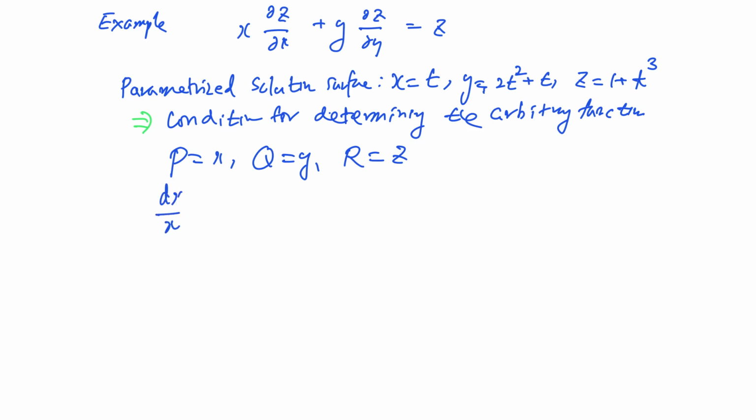So dx over x is dy over y, dz over z. So we can have first dx over x is dz over z, sorry, dz.